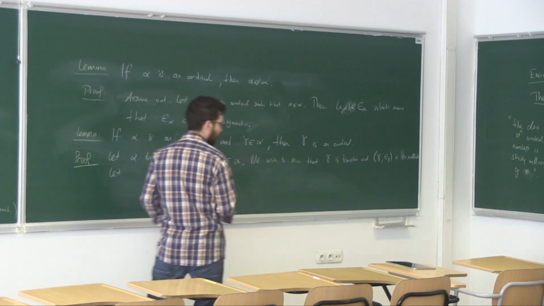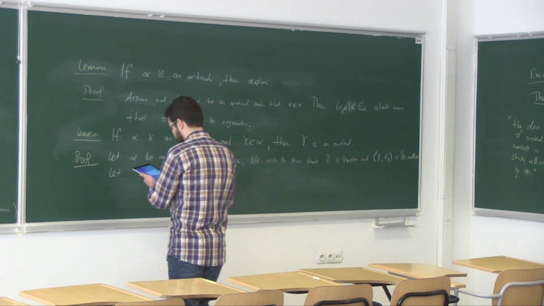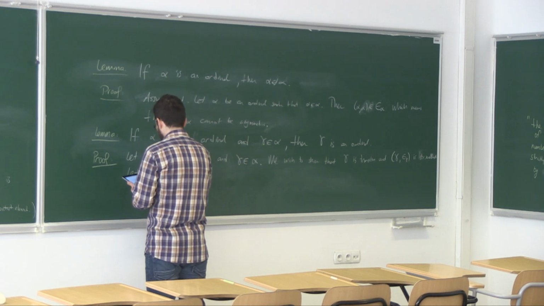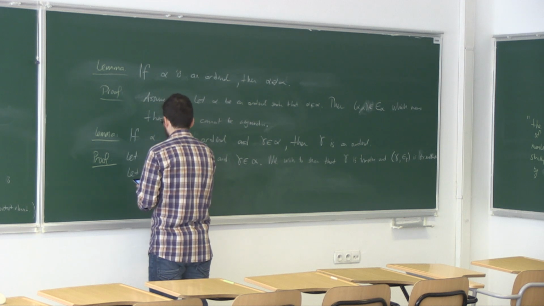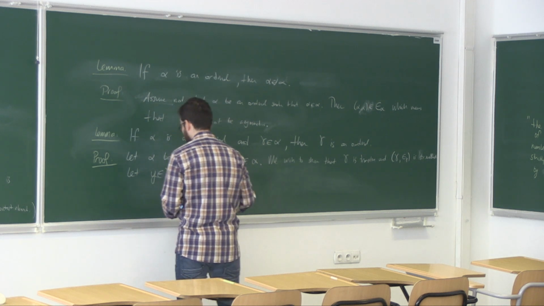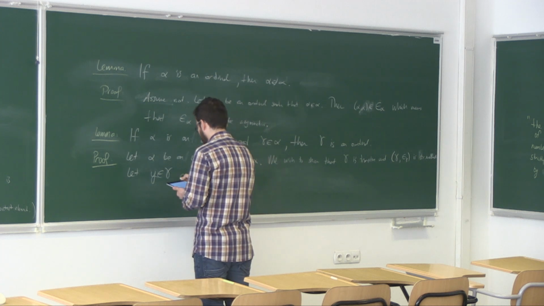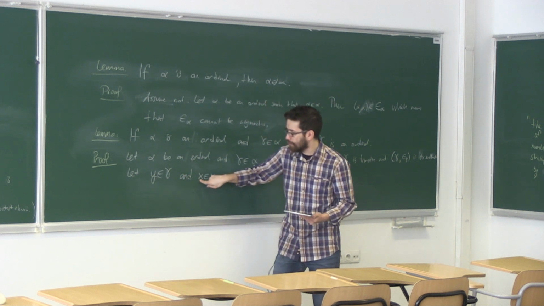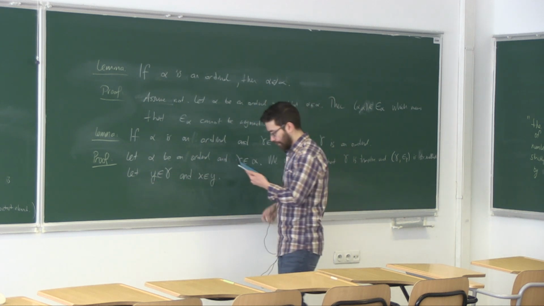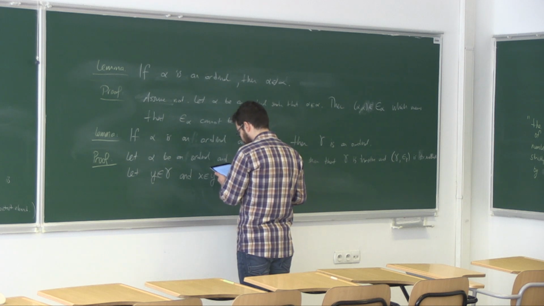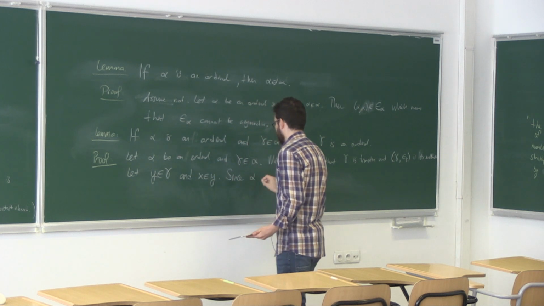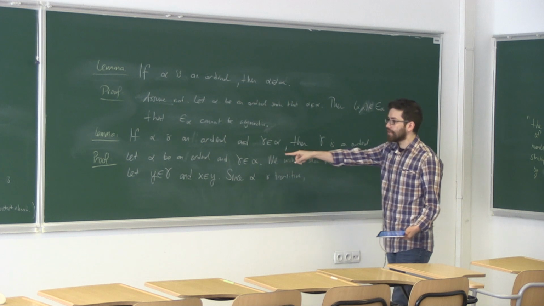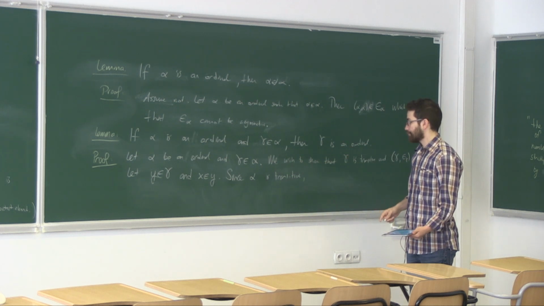So let delta, I'm just going to pick y. I want to be consistent with my notes. Let y be an element of gamma, and x be an element of y. So let's pick an element of gamma. Okay. Now, since alpha is transitive, we started with an ordinal, so that ordinal is transitive.